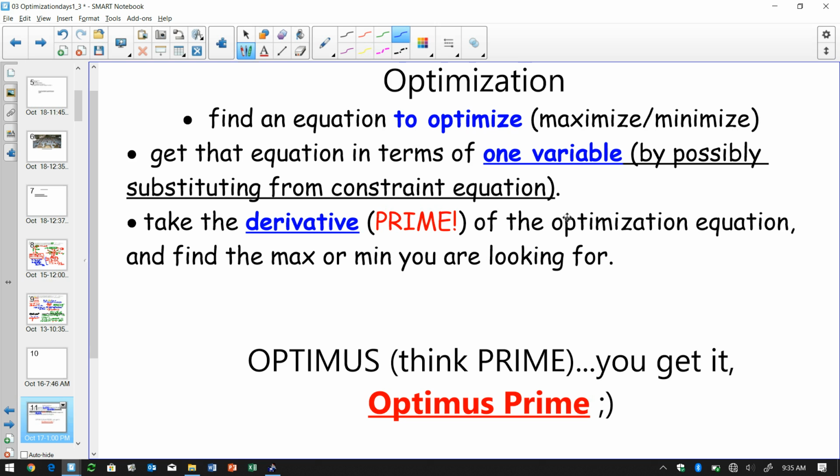So the airline companies hire computer programmers and also mathematicians to figure out all the equations that go into this. And it's a bunch of derivatives at one time. It really is a bunch of calculus to actually maximize their profit or minimize their use of fuel or maximize their fuel efficiency. In our problems, all we're going to do is maximize or minimize one thing.